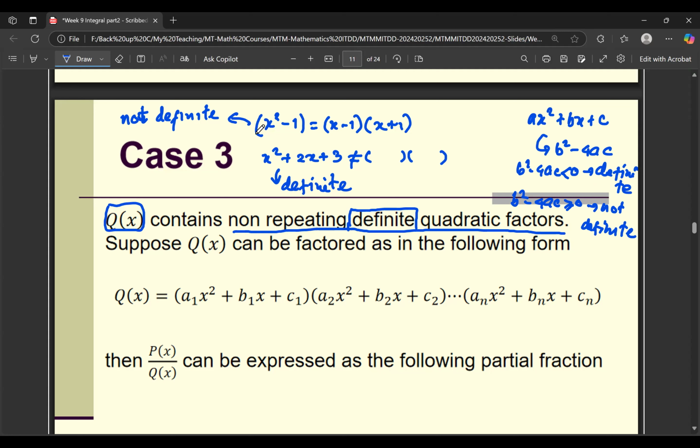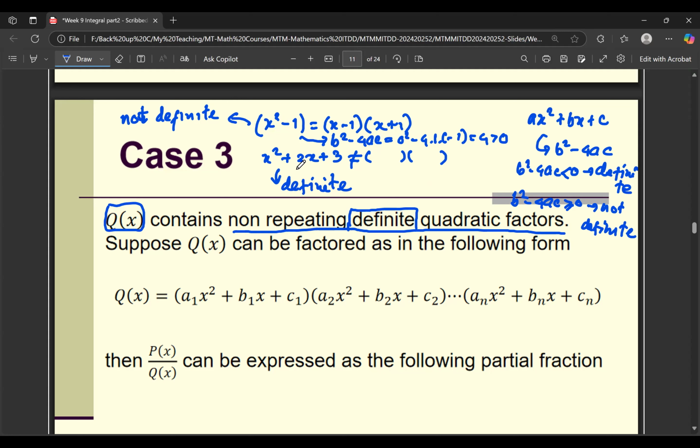Okay, we check this quadratic. b squared minus 4ac: a is 1 here, b is 0, so 0 squared minus 4 times 1 times c, which is minus 1. So we have 4, and 4 is greater than 0, so this quadratic can be factored, it is not definite.